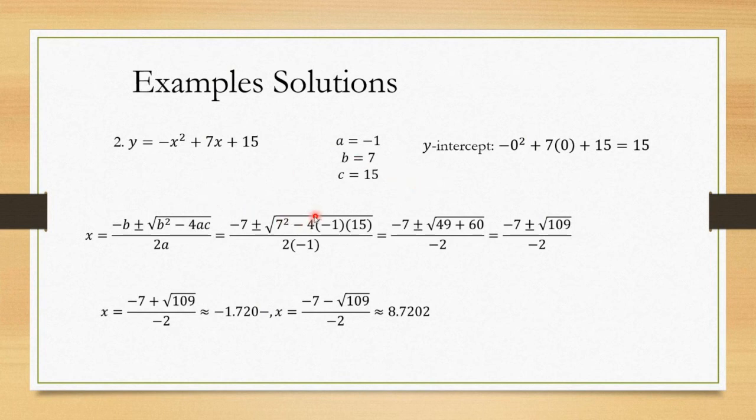And so we use the wonderful quadratic formula, like so. And so from here, we have minus 7 plus or minus the square root of 7 squared minus 4 times a times 15, over 2 times negative 1. So we have this. We have a plus here, don't forget, because we have minus a negative.